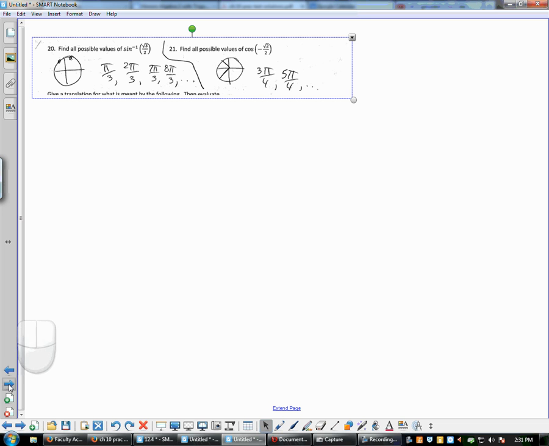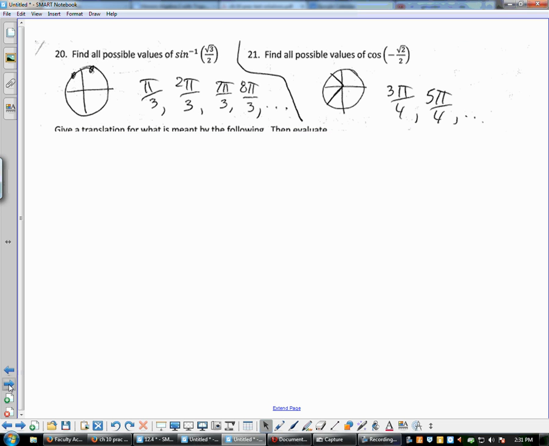All right, let's take a look at number 20. For number 20, it says find all possible values of sine inverse of square root of 3 over 2. That means on your unit circle, where are all the places where your y coordinate is square root of 3 over 2? So you're trying to find the angle where the sine is equal to square root of 3 over 2.